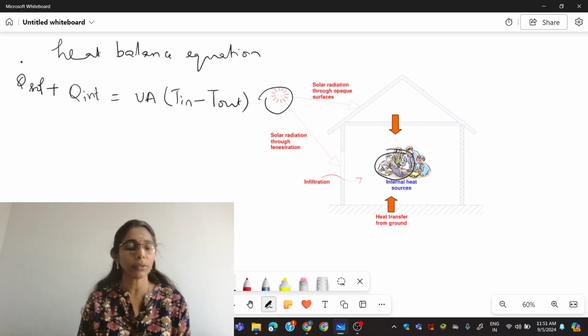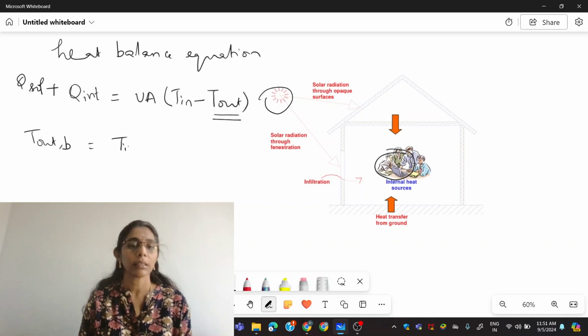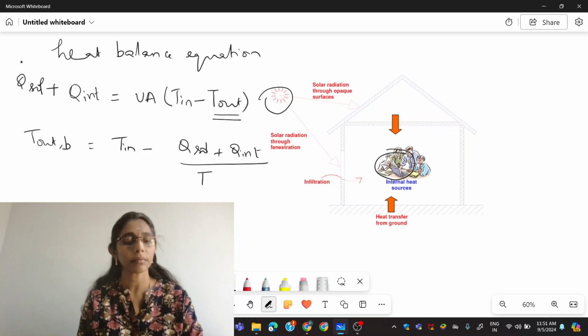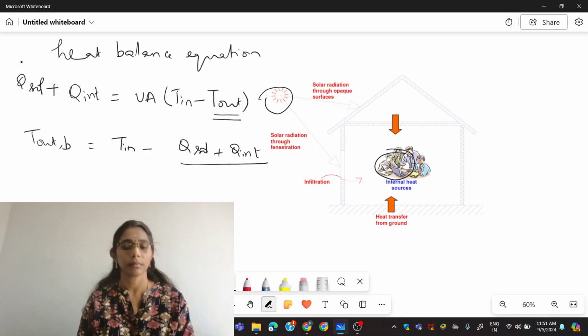Okay, in this, if I want to find out the T out at balanced conditions, then I will simply rearrange this entire equation. T out, B represents balanced, right? So that is going to be T in minus the sum of Q solar plus Q internal heat, divided by UA.